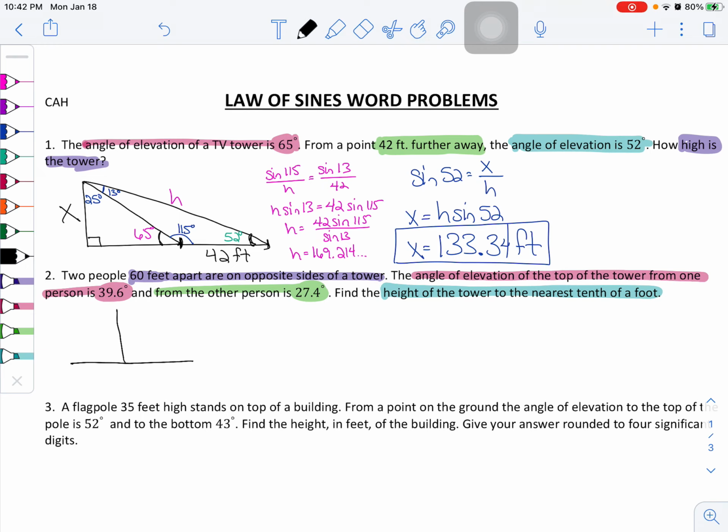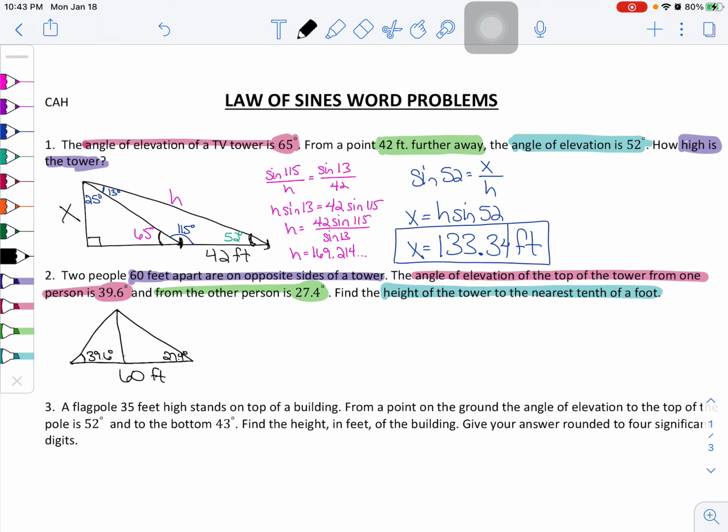So here's the thing. We have a tower. We have two people who are on opposite sides of the tower. These two people are 60 feet apart. One person is looking up at the tower and has an angle of elevation. So this angle right here is 39.6 degrees.